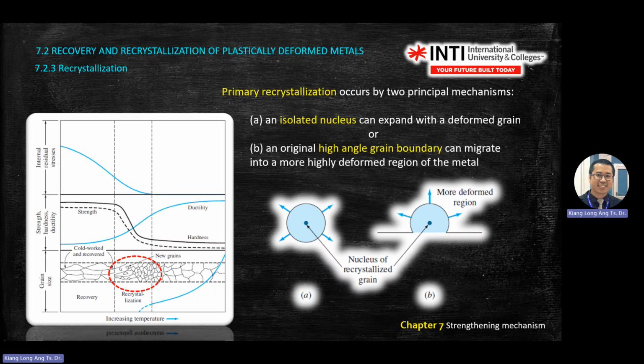Or the original high angle grain boundaries can migrate into a more highly deformed region of the metals. This one means the grain happens on the line, so it will expand the grain boundaries. So you expand and then go deeper.